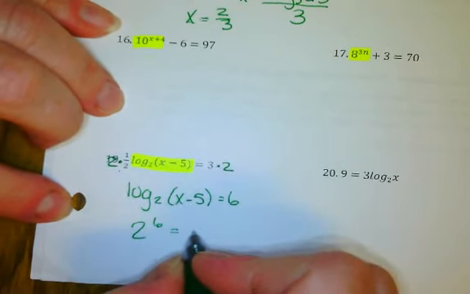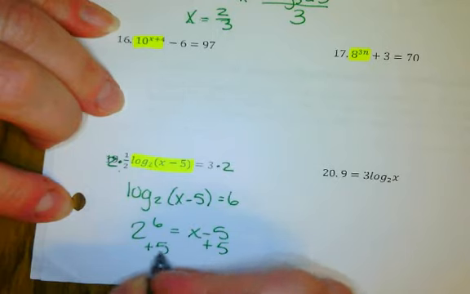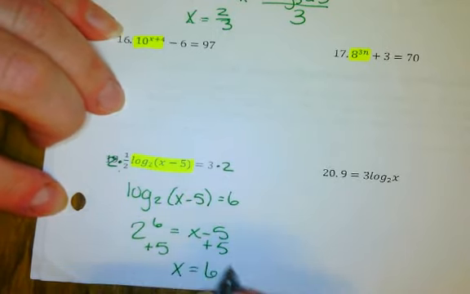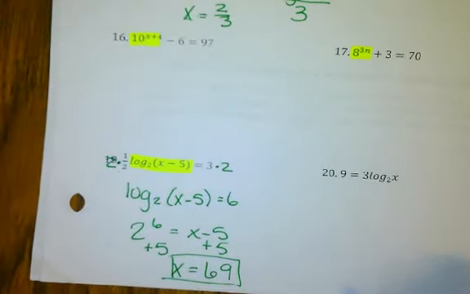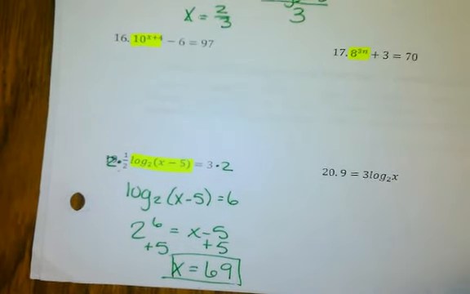And that gives you 2 to the power of 6 equals x minus 5. Then I'm going to do plus 5 plus 5. Alright, 2 to the power of 6 is 64, plus 5 is 69. So again, you're just trying to get that log base something by itself, and then once it's by itself, then you can convert it and solve.